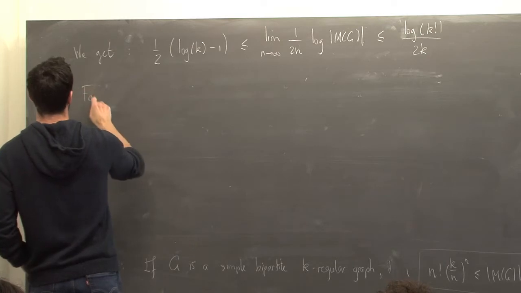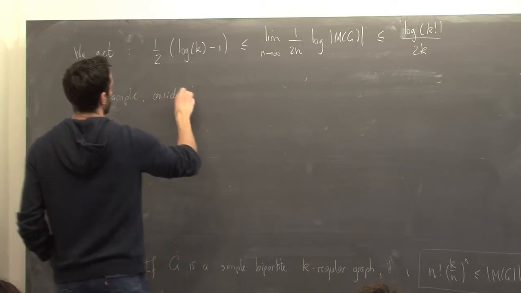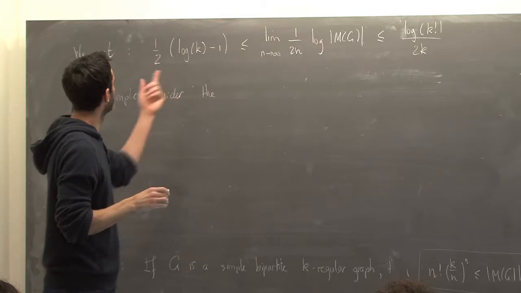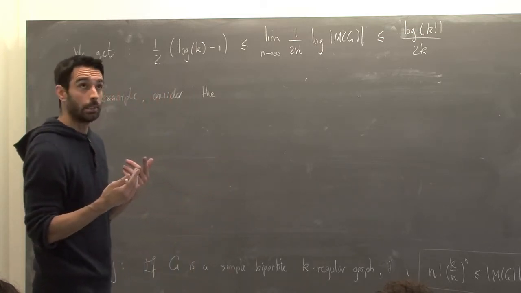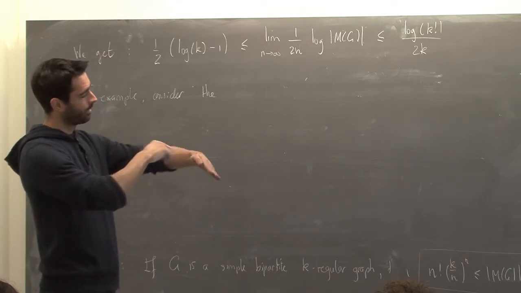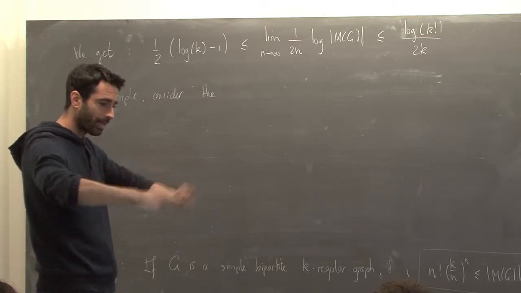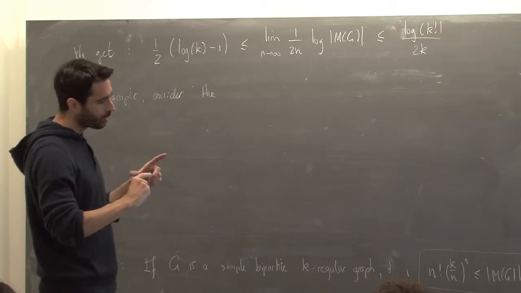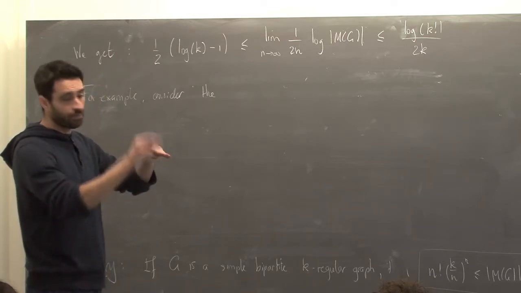For example, let's say I want to make an example with k equals 4. So what can I have as a bipartite 4-regular graph? Well, some square lattice. If you have a square lattice, you have problems at the boundaries, right? So you take a square lattice that is periodic; you embed it on the torus. And then you might have bipartite issues, so you need a square lattice that is even in both directions.